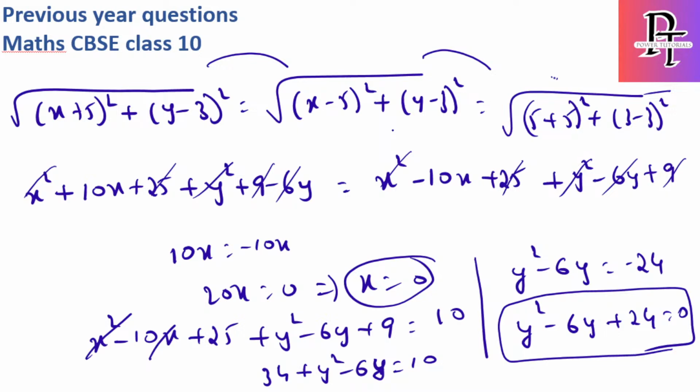Wait, here we have to use the square of value. Okay, so if we want to keep the roots values, we haven't, okay, this should be 100 here, 10 square is 100. Okay, so 100 minus 34 is 66, so this should be 66 here. So y square minus 6y plus 66.